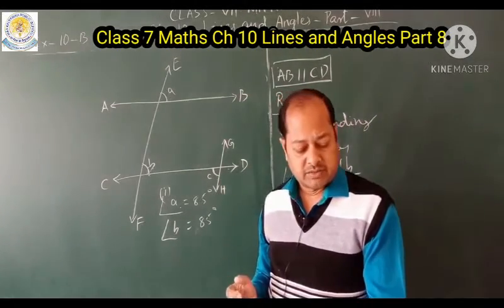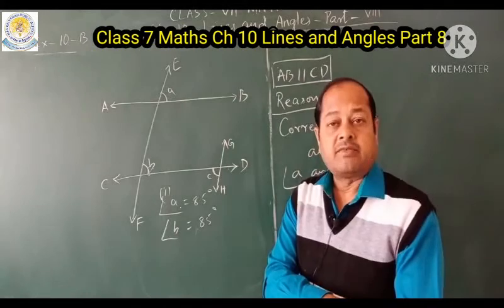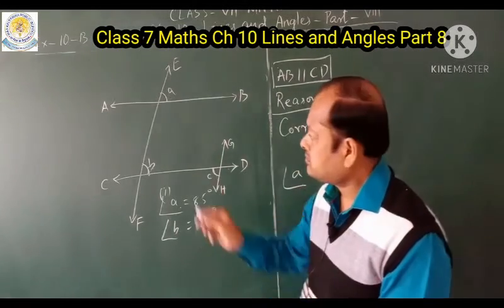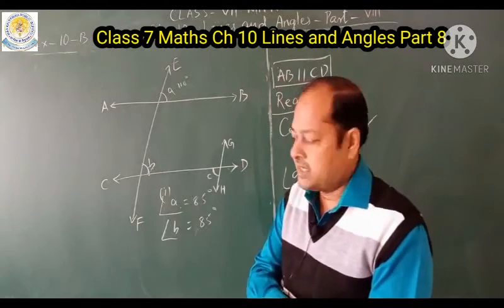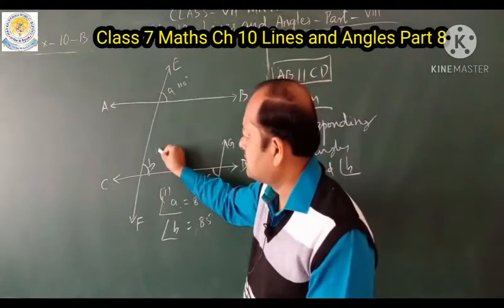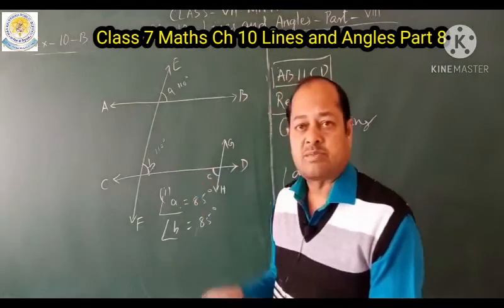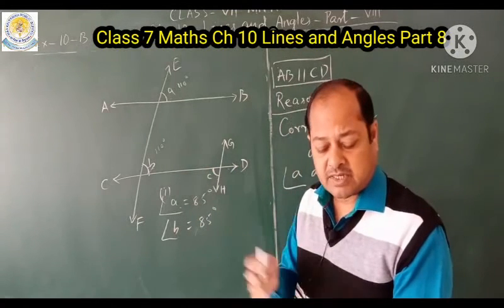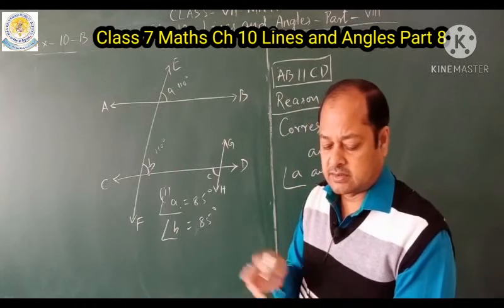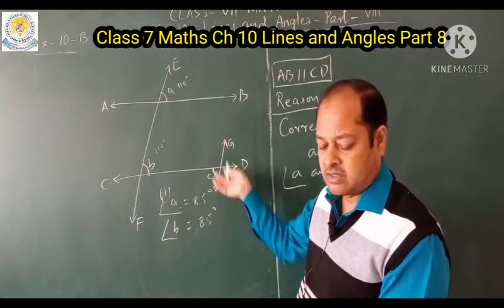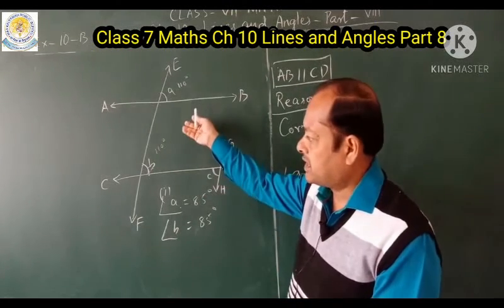Look at the third question. If A is 110 degrees and B is given as 110 degrees, it must be the same because these are corresponding angles on one side of the transversal. Then AB is parallel to CD. It is the same as the first question, nothing different.